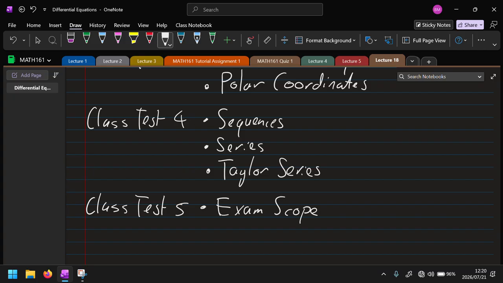So your final exam will be 100 marks on everything. I'll put a more detailed scope later on, like which smaller sections to leave out, which ones to put more emphasis on. But broadly, it will cover everything this year.